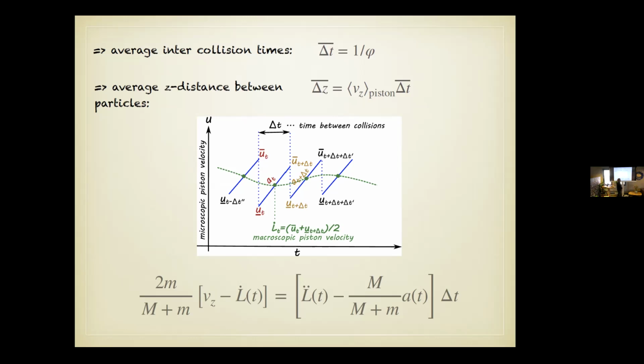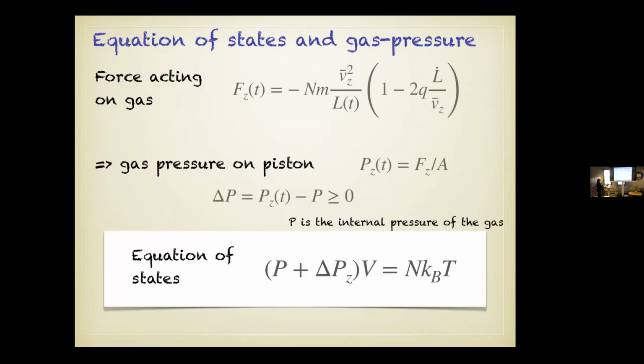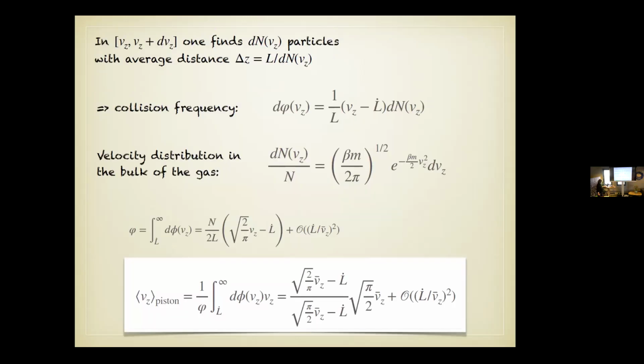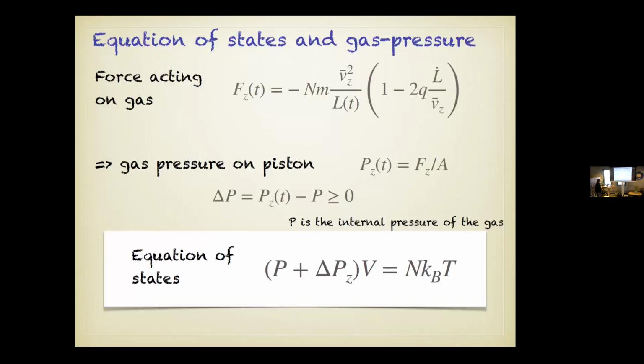So actually we still would have to replace this Vz by bar Vz and this delta t with this delta t, and we are actually having the equation of motion. Okay, that relates now in the following way to the force that is actually acting on the gas.